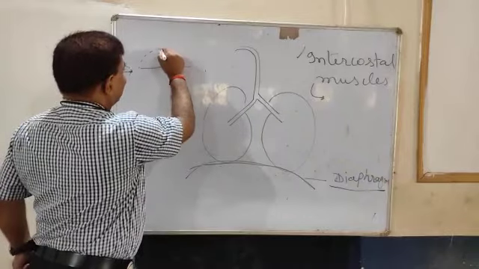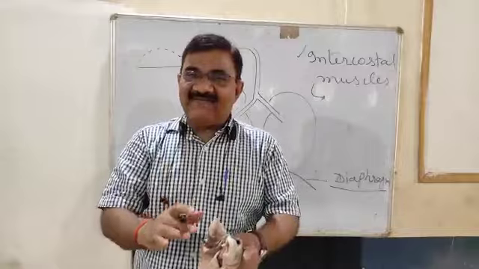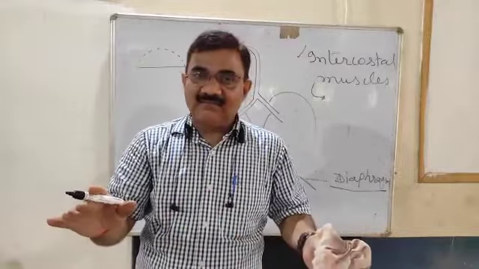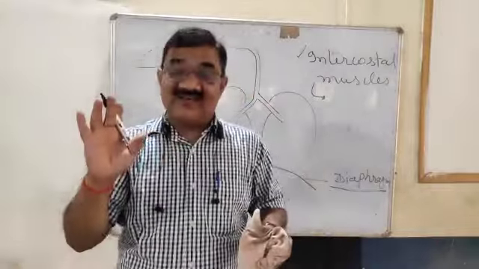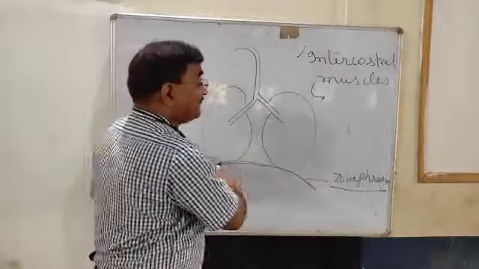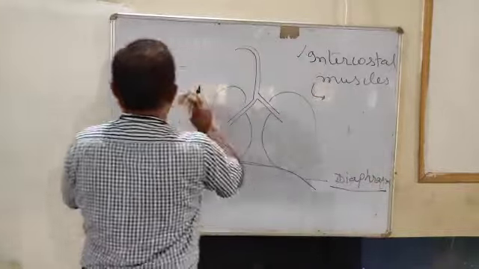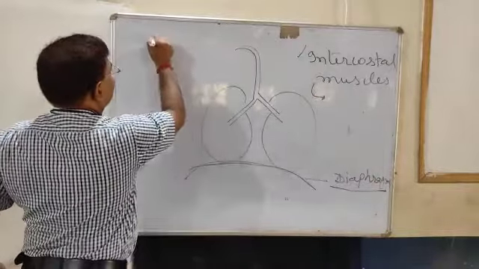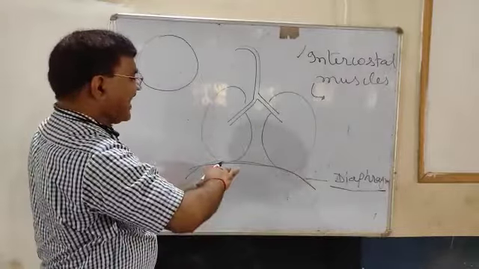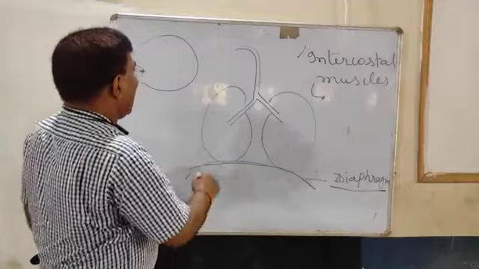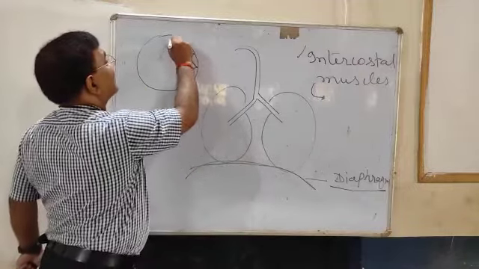If instead the shape becomes flattened, when the diaphragm becomes flat, the volume is increased. Suppose this is the chest cavity. The diaphragm becomes flat and the intercostal muscles contract.